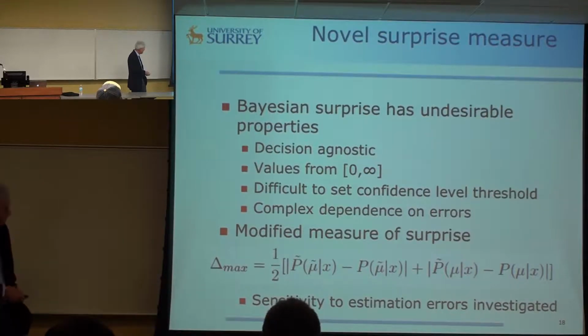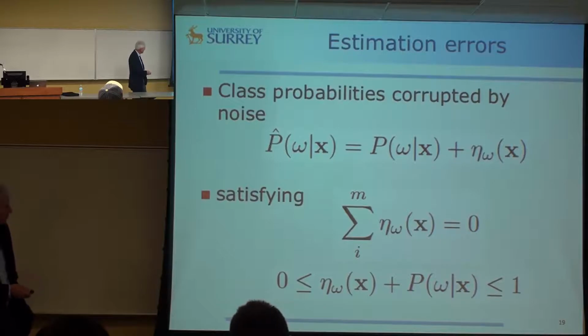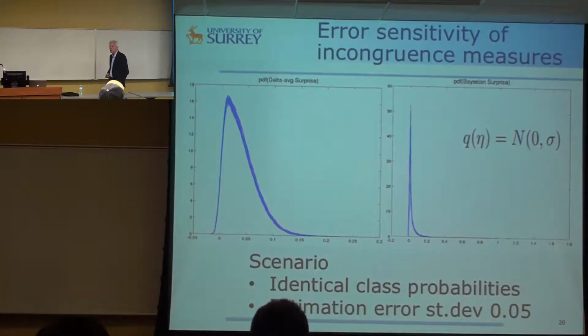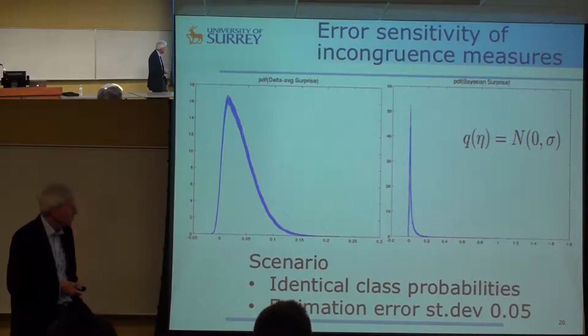So if you take estimation errors into account, every probability will be corrupted by some estimation error, and if you then want to set thresholds accordingly, you have to look at the sensitivity of these incongruence measures to estimation errors.